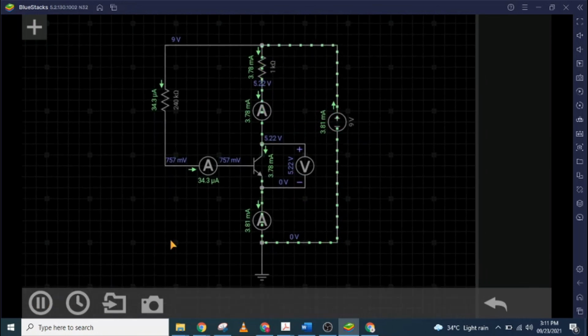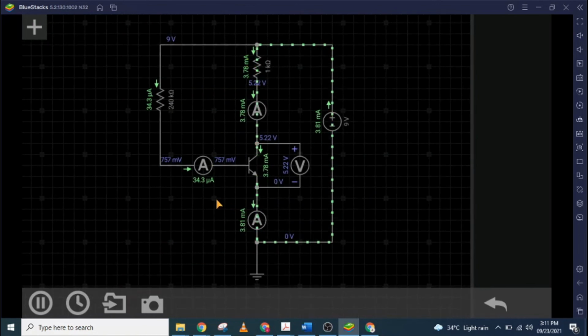Once you already did this, okay, try to get a screenshot para as sort of proof na you were able to design, wire, and test this particular circuit. Kuha ng screenshot nito and then isama natin dun sa ipapasa natin na laboratory activity.